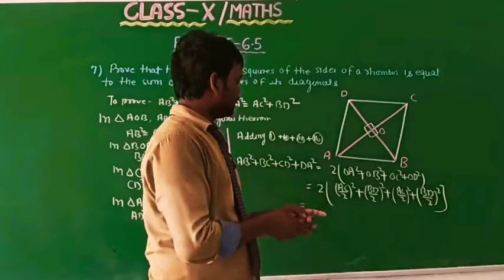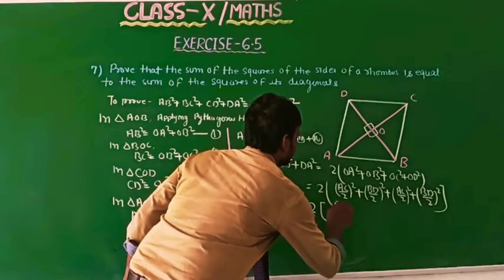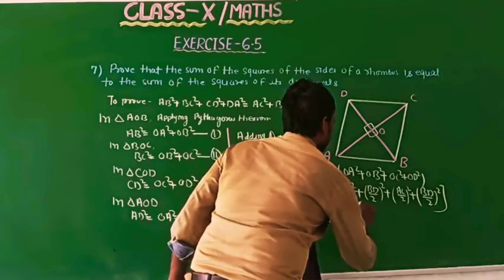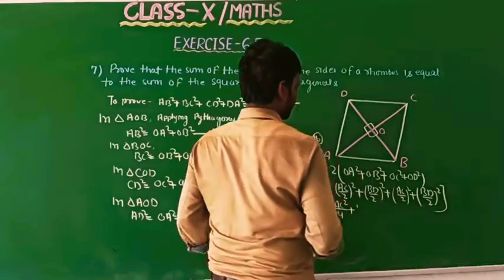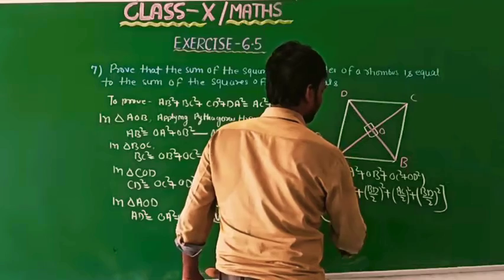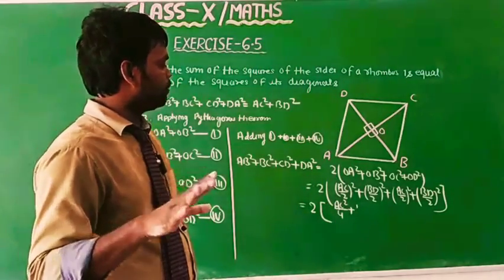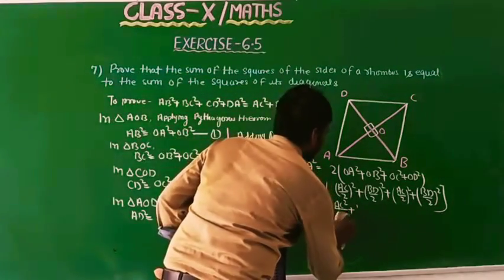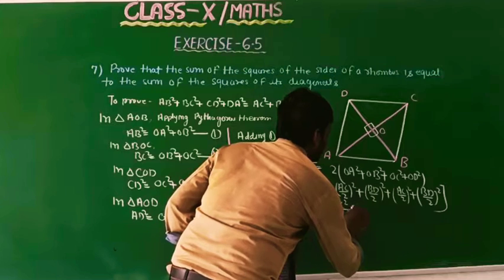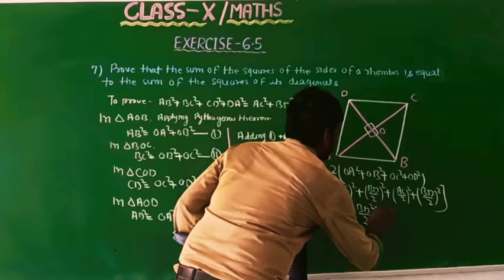And now here this is 2 and this is AC square by 4 plus AC square by 4. Okay, so 2 AC square by 4 and divide, you will get AC square by 2 plus BD square by 2.